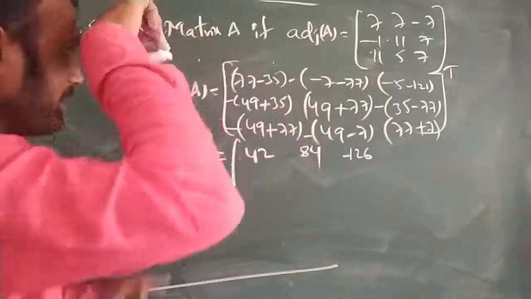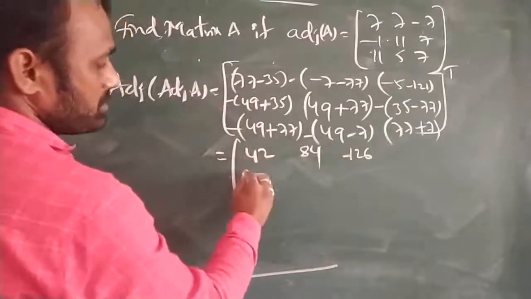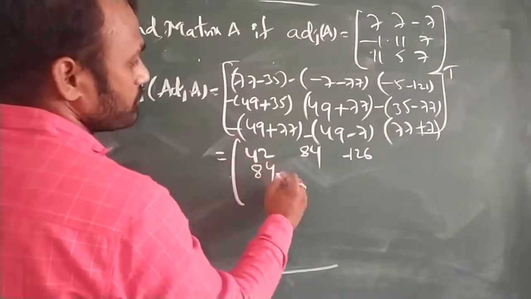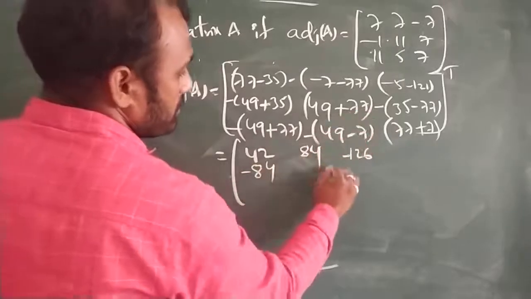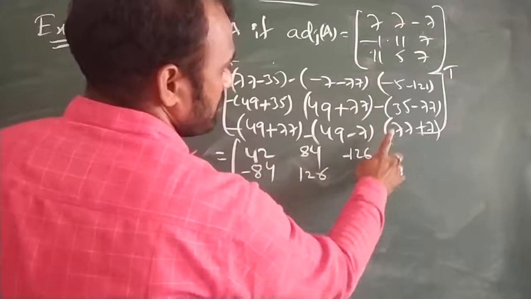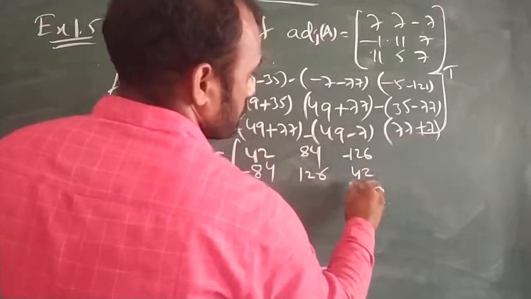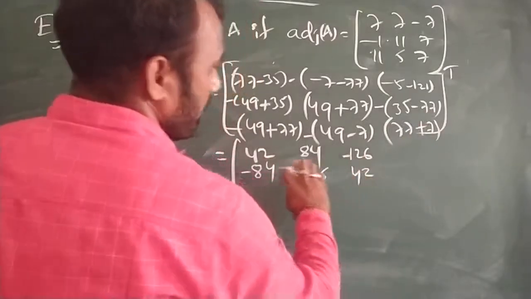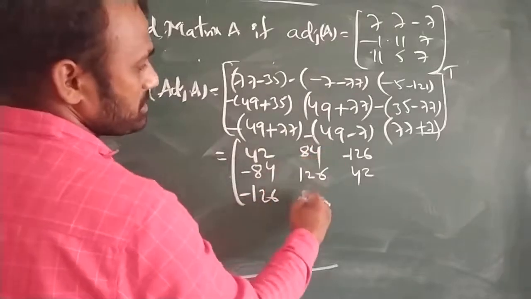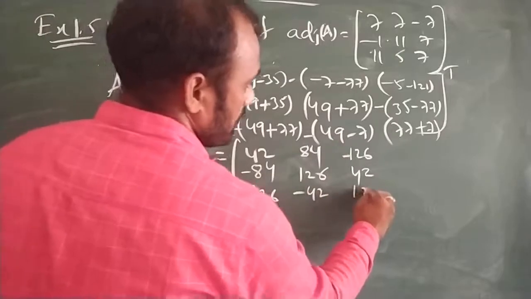Whenever you are finding an adjoint matrix, you have to do the transpose. So 42, 84, minus 126, 84, minus 84, 126, 42 and so on.